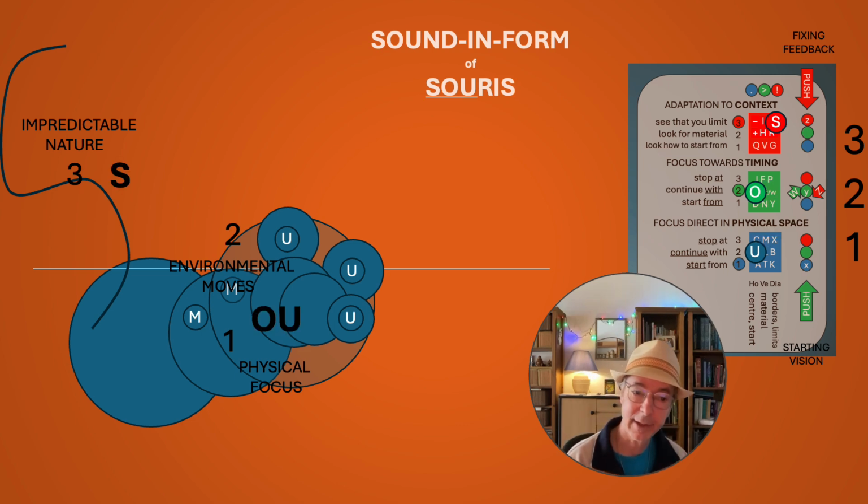Two letters are the same from mouse or souris, but in the opposite direction. It starts from the S, from its unpredictable nature, so it actually gives it even more focus.